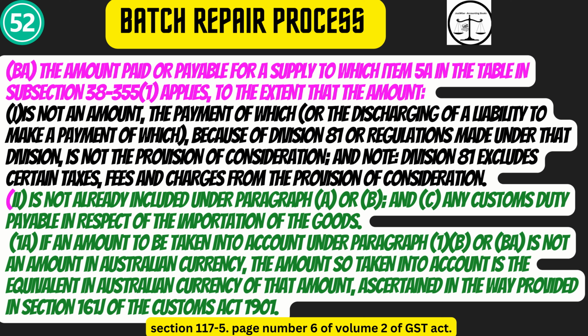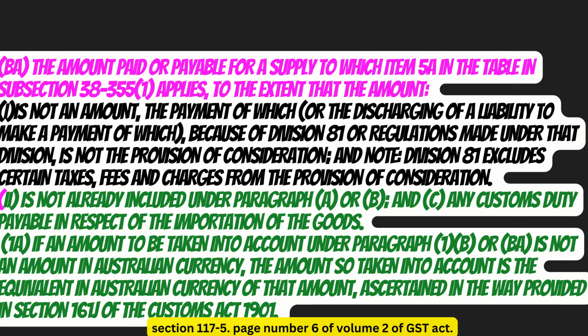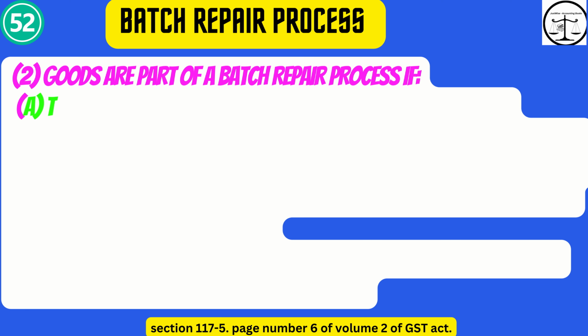1a. If an amount to be taken into account under paragraph 1b or ba is not an amount in Australian currency, the amount so taken into account is the equivalent in Australian currency of that amount, ascertained in the way provided in Section 161J of the Customs Act 1901. 2. Goods are part of a batch repair process if a.